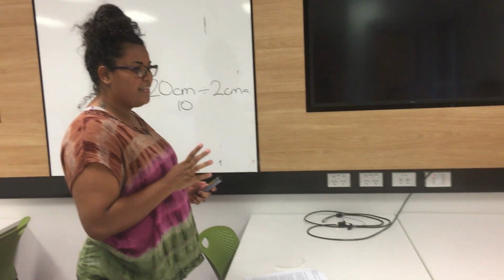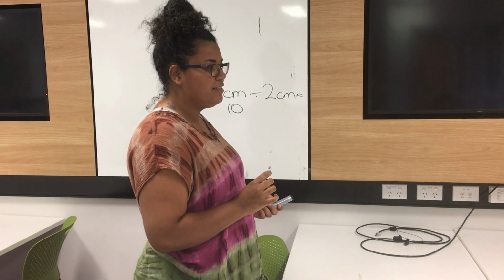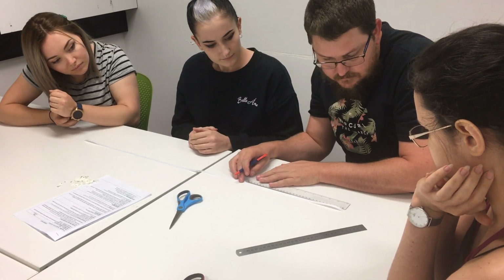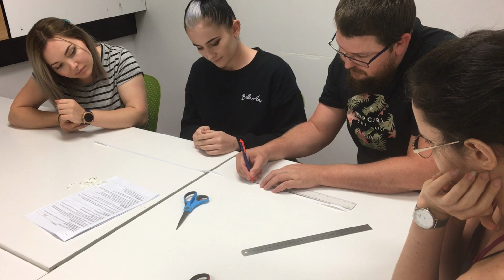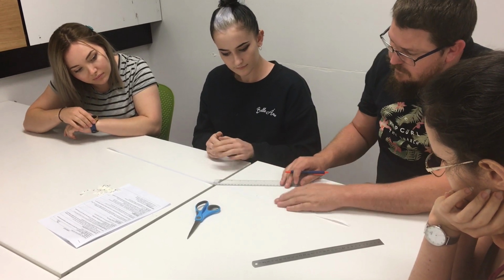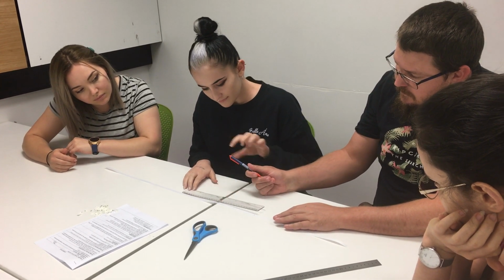Before you tell me the answer, you're going to let me know what the division problem is. It's similar to the one we did before, but this time we're going to use a different number, still with the 2 centimetre pieces.